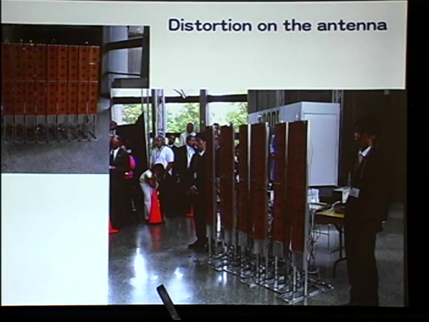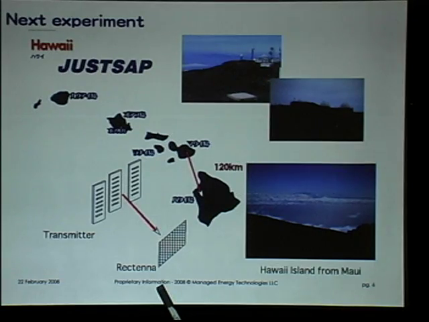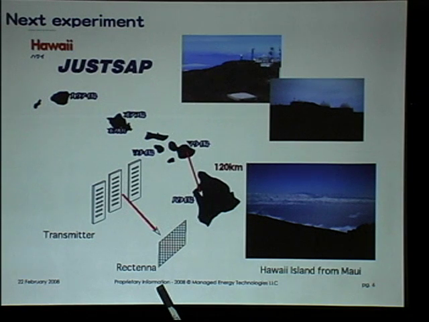Next experiment. We brought our antenna to Hawaii. Maui Island has a very tall volcano called Haleakala, and Hawaii Big Island has two big volcanic mountains, one of which is Mauna Loa.